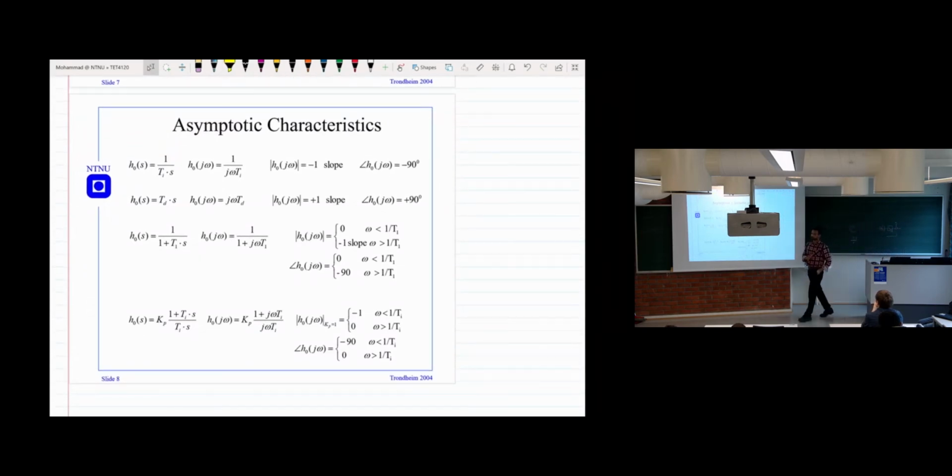Now we want to see the frequency response of a PI controller. This is a PI controller, and how does this frequency response behave in the control system? In order to look at that, first we check how they look, maybe they call it asymptotic characteristics. So first, start with H0, which is only one integrator.